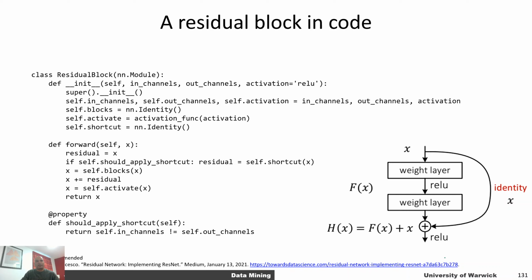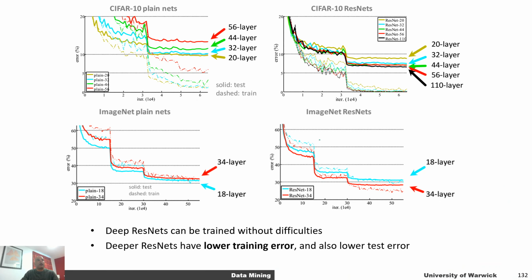And we're going to come to the implementation in just a bit. What they found is that if you use a plain network, then you have different layers, and shallower networks are actually better at minimizing the training error in comparison to deeper networks.